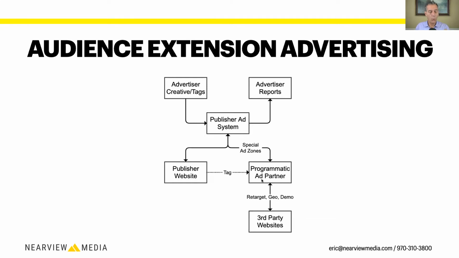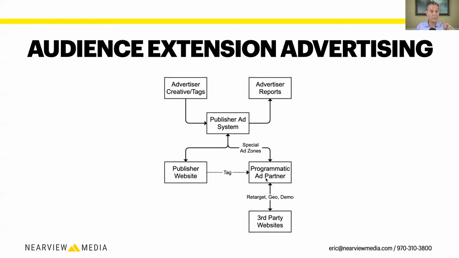Okay, what we then do is, let's say that we want an extra 500,000 ad impressions in the month of April. We'll place a buy with the programmatic ad partner for 500,000 impressions. And number one, and I'll show you this here in the next slide, the first thing we'll want to do is we'll want to target these ad impressions on select third-party websites.